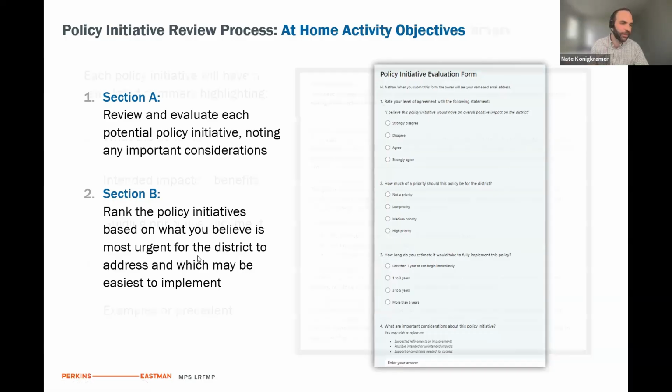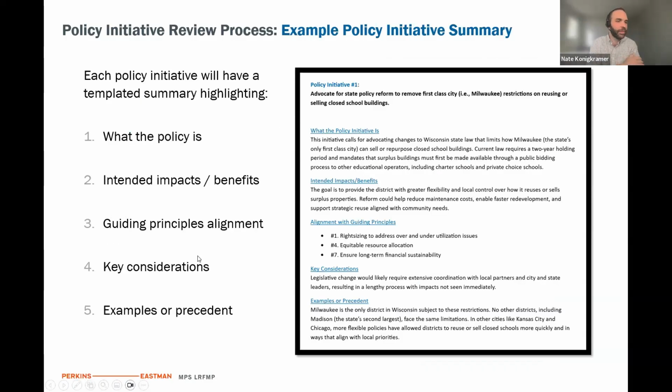A good example, and the one we've been sharing, is state policy reform about first-class city restrictions that apply currently only to Milwaukee Public Schools as it relates to reusing or selling closed buildings, knowing that this has been a major hurdle in terms of flexibility and local control about what can be done with those buildings.